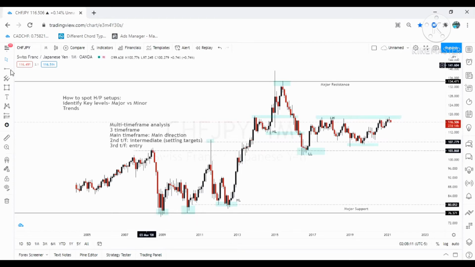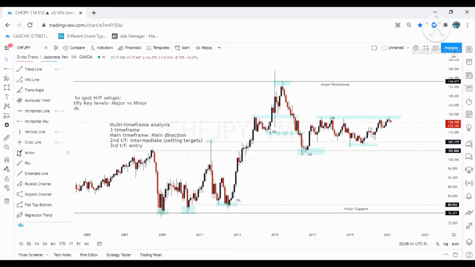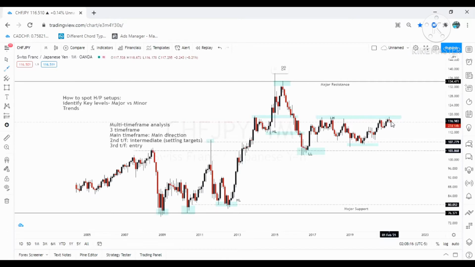So for all we know, the market could come to this level and then continue going up. So until we break this lower low right here, there's no telling if we are going to go to a major support.